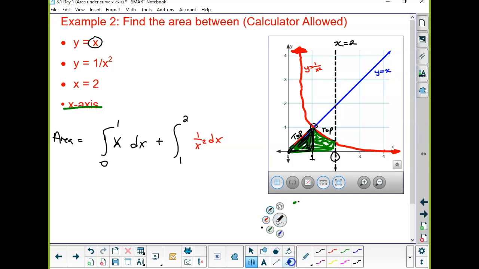And then why don't you do this in your calculator? You could actually type it all in at once. You'd have to do this integral first, hit plus, and then do math 9 again to set up the second integral.